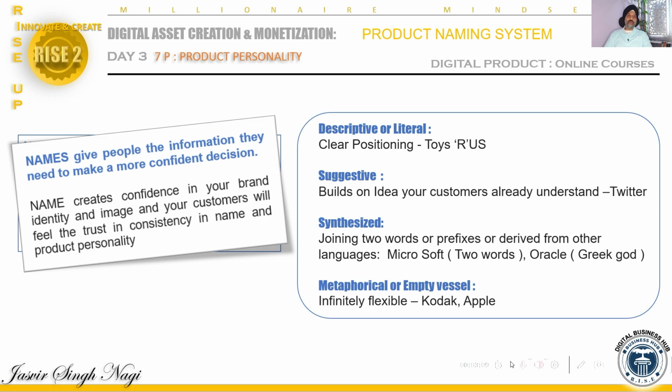It gives the persona of the people, the persona of the course, and what they should anticipate if you put the right kind of color and schemes and description to it. There you go. You attract the right kind of people, you address the right kind of people, and you know what you're giving them and they know what they can expect out of it. Simple. That's what descriptive or literal means.